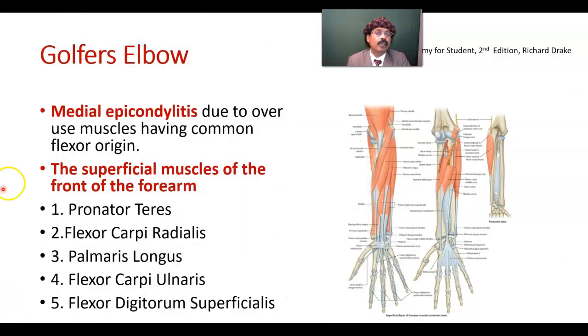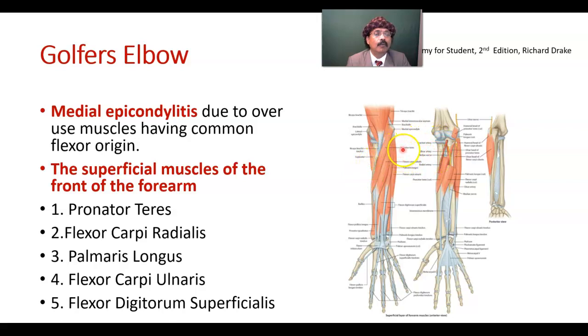Golfer's elbow is due to medial epicondylitis, due to overuse of muscles having a common flexor origin, the superficial muscles of the front of the forearm.